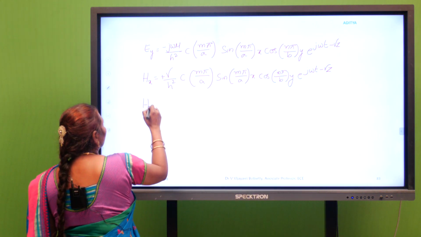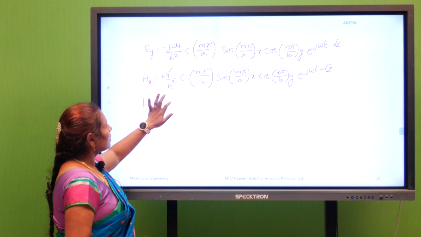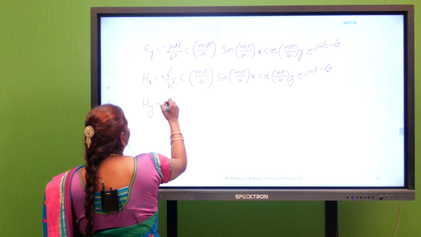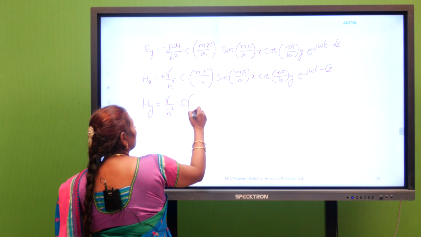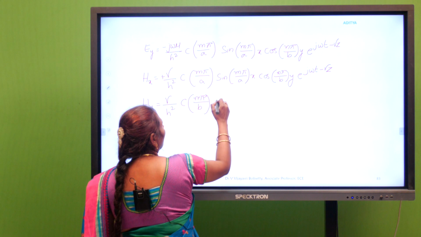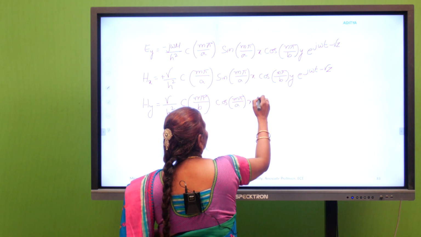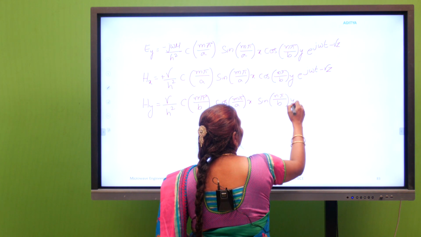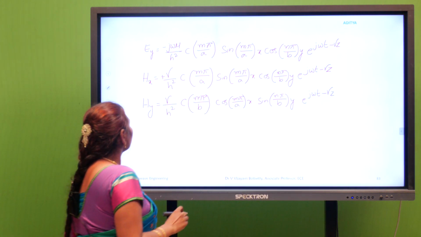And for Hy, we get it as minus gamma by h square dou Hz by dou y. So minus gamma by h square dou Hz by dou y, that is c n pi by b cos m pi by a x sin n pi by b y e power j omega t minus gamma z.